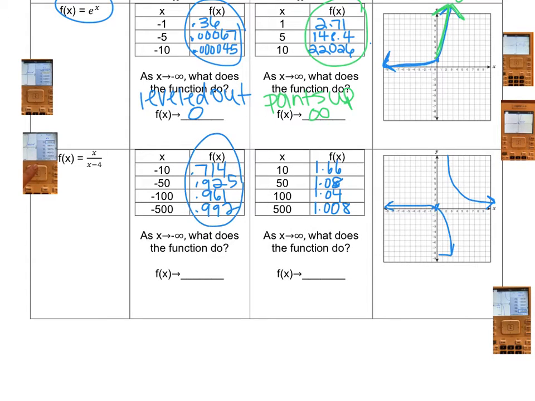So as I'm looking at the left side of this graph, we know that it's leveling out, and my f of x values were approaching 1.